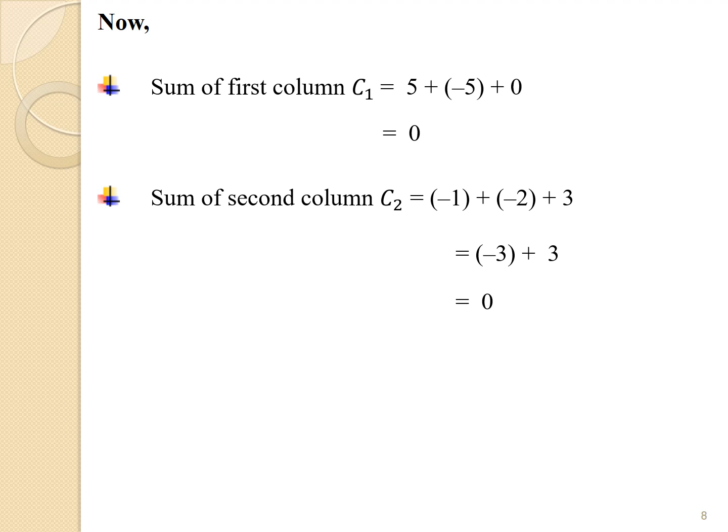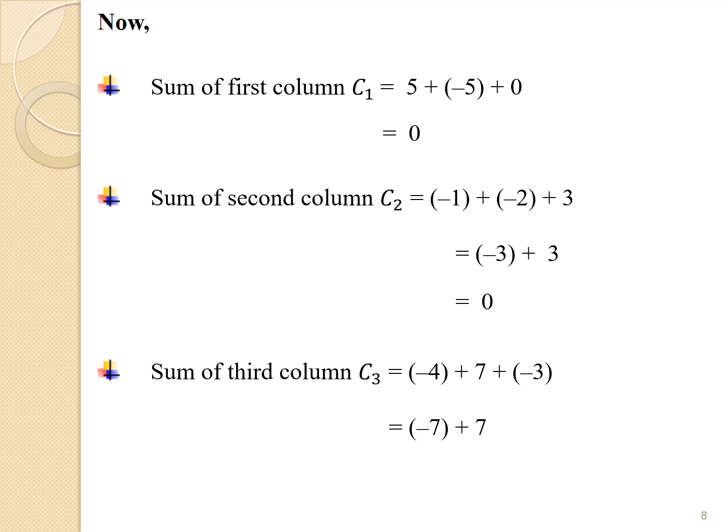Sum of third column equals -4 plus 7 plus -3, which is equal to -7 plus 7, which is equal to 0. Thus, the sum of first column, second column and third column is 0.